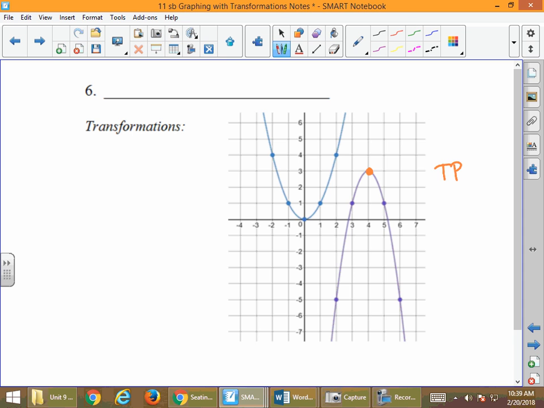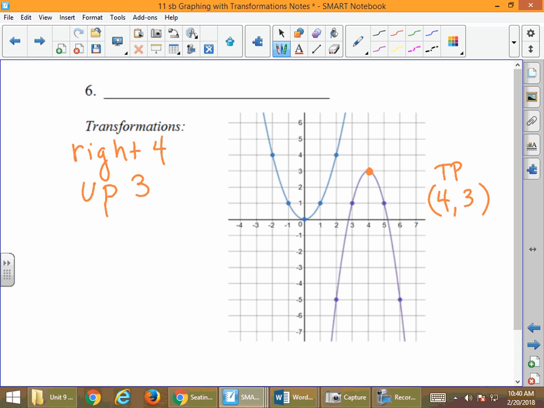Well, our turning point of our new graph is 4, 3. And in fact, it's not the order that we put it back in the equation, but knowing that the turning point is 4, 3, what we did is we went right 4, and we went up 3, so there's 2 of our transformations. There could be more.